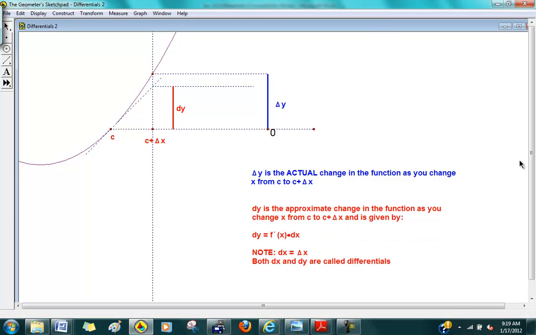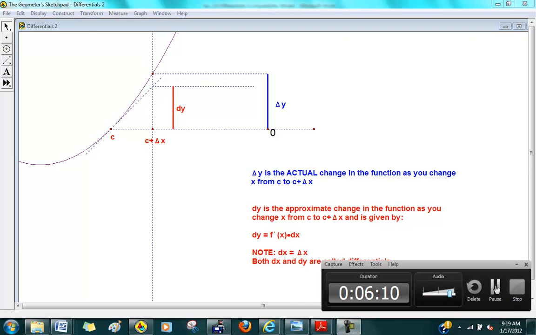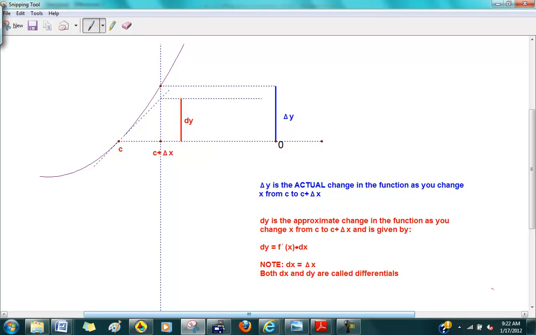So take this down and I'll give you a couple of minutes to get it done, and then let's go over it. To understand this calculation here, dy equals f prime times dx. Does everybody agree that the slope of the tangent line is given by the tangent of that angle there?